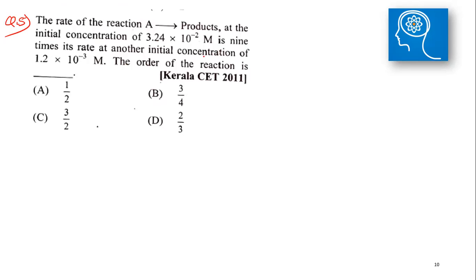The rate of the reaction A gives product at the initial concentration of 3.24 multiplied by 10 to the power minus 2 is 9 times its rate at another initial concentration of, म्हणजे बघा इथे 2 concentrations, different concentrations given आहेत. The order of the reaction, हे पण सिंपल आहे. बघा हे कसं सॉल्व्ह करायचं. आता रेटला आपण लिहूया R.